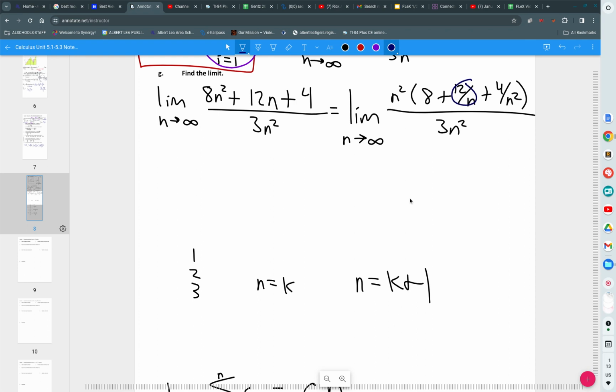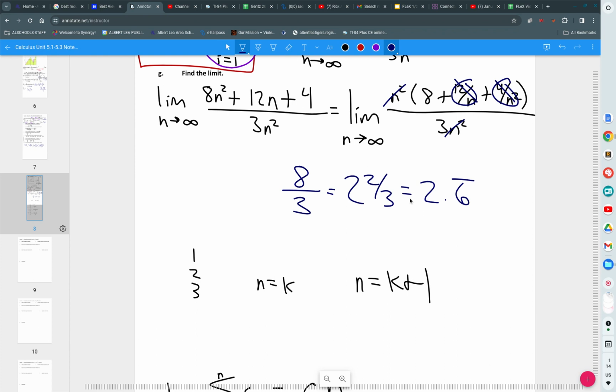Yeah, those approach 0. So that's what we want to see. And then we notice that the n squareds divide off, and you're left with none other than 8/3. Or in other words, 2 2/3, or 2.6 repeating. That's no estimation. That's exact.